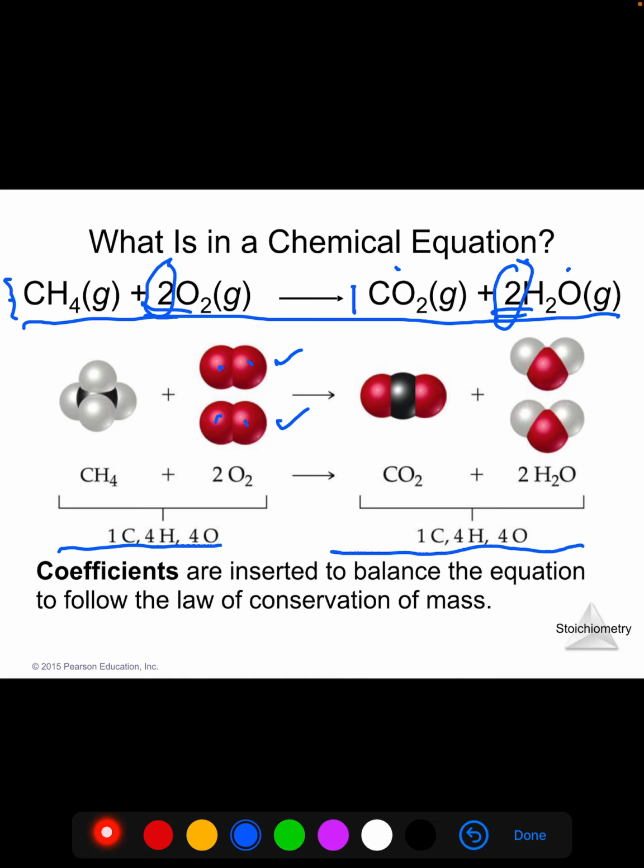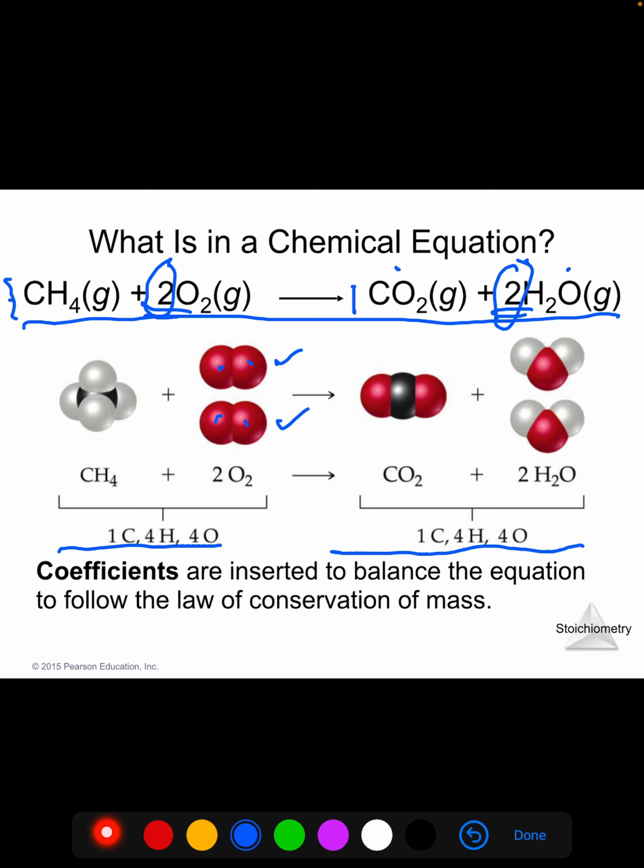They're rearranged, but they have to total the same. And of course, that means the mass is conserved. So we have the law of conservation of mass because Antoine Lavoisier and his contemporaries didn't know very well about atoms. Certainly not their structure, though Dalton taught us that this is the way it's going to work.